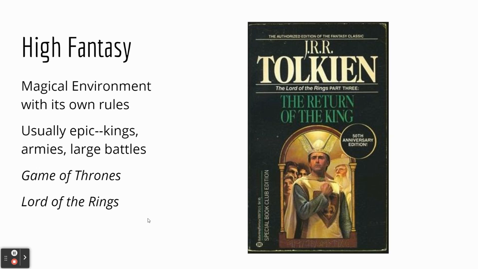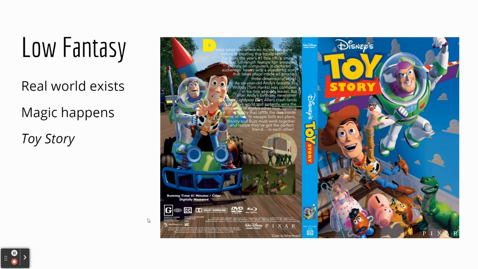And I realize we've taken the word epic in the 21st century and done a lot of different things with it. But it's going to have kings, and it's going to have armies, and it's going to have large battles. And so Game of Thrones, Lord of the Rings, those sorts of things, I think, fall into the idea of high fantasy. There's also called low fantasy.